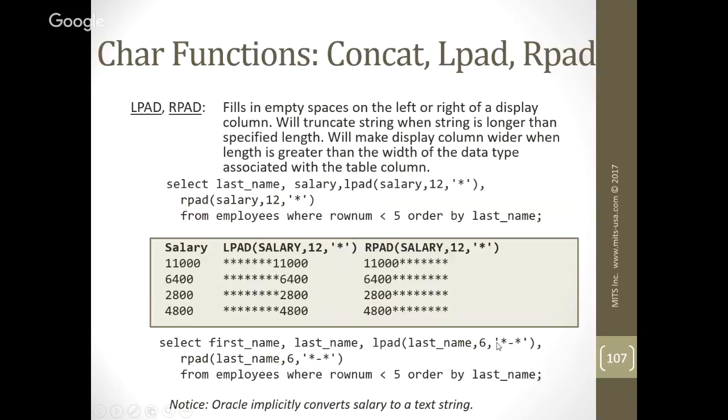It says, well, instead of asterisk, I'm going to use asterisk dash asterisk. But the idea here is that whatever you set the width of the column to, it'll be filled up to that maximum width, regardless of whatever the patterns are that you're using here. Okay. All right, so left pad, right pad with concat.